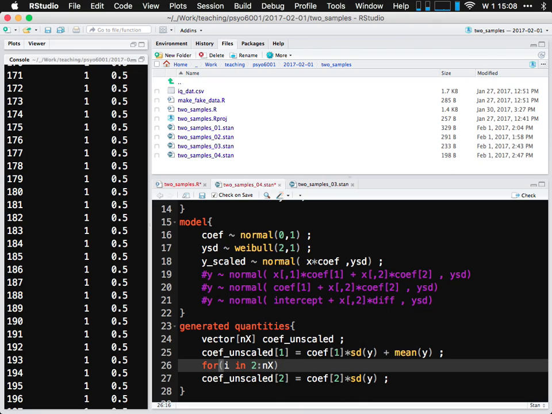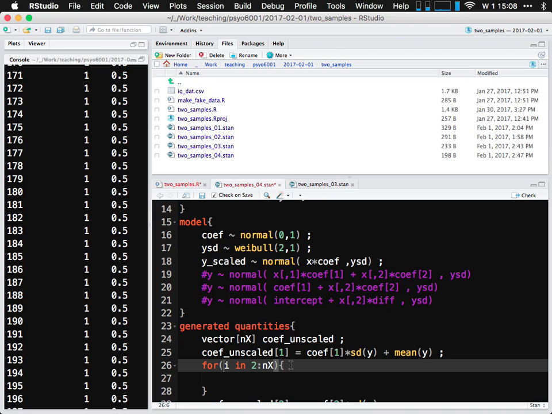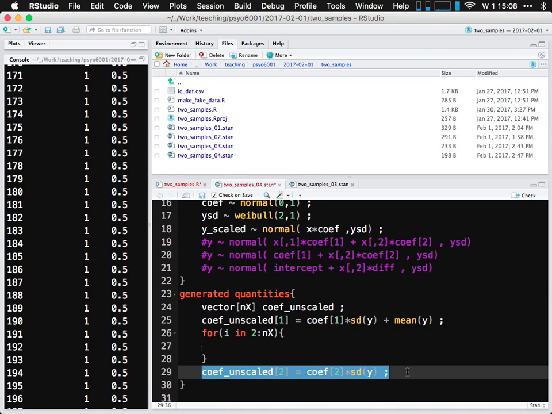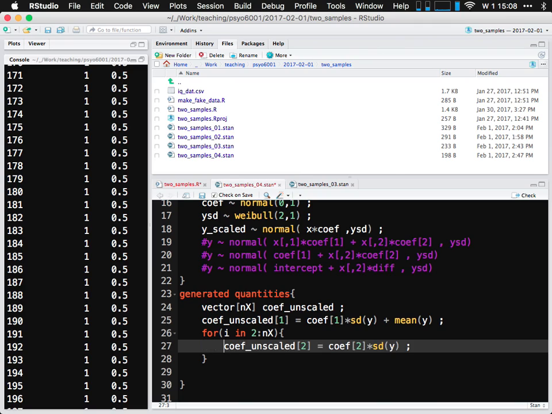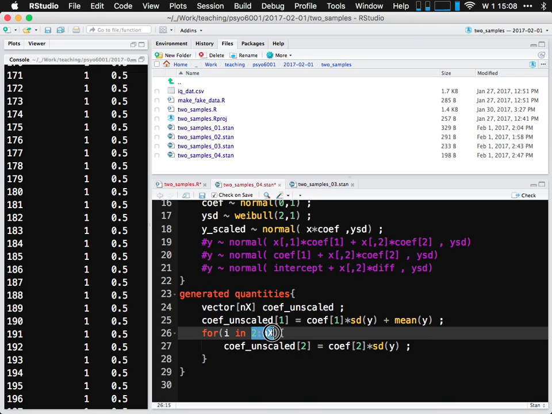So for the for loop, in the same way that you define a function and what happens inside the function with the squiggly brackets, I'm going to take this and put it inside the squiggly brackets. So if nx is 2, it's going to say for each item in the list of integers from 2 to 2, so it's just 2, it's going to temporarily assign the value of 2 to the object called i.